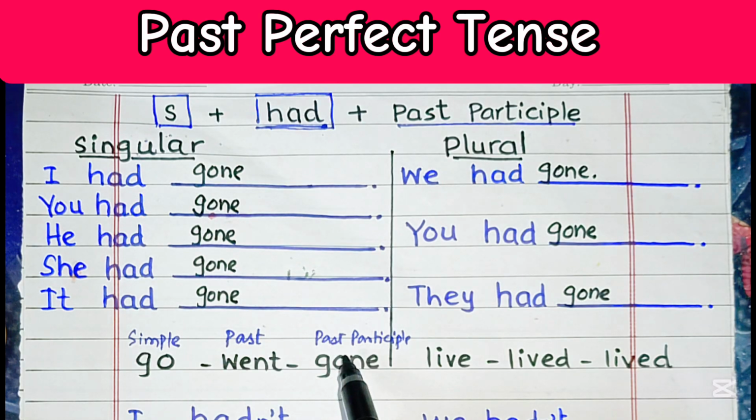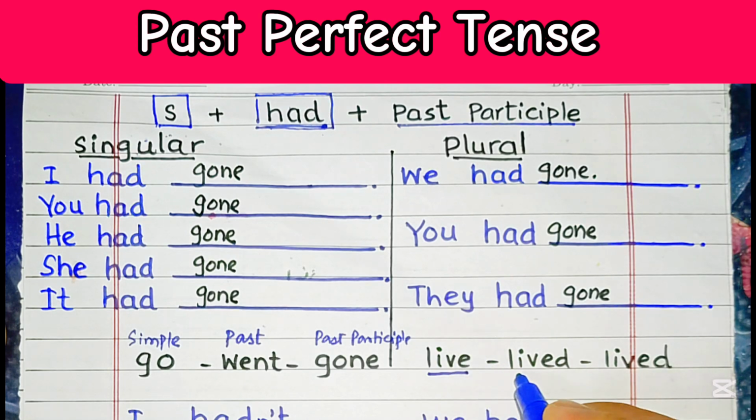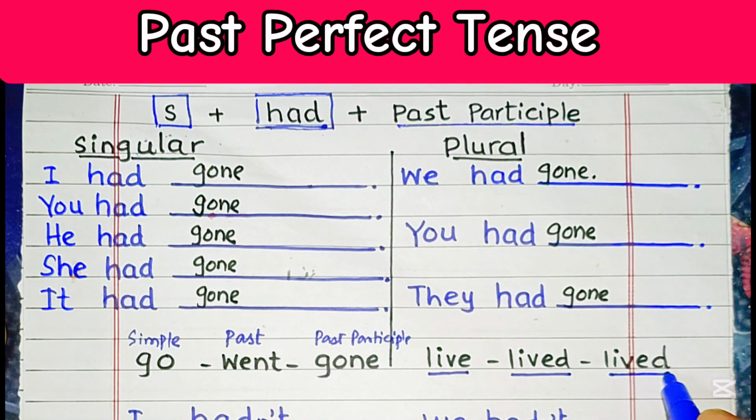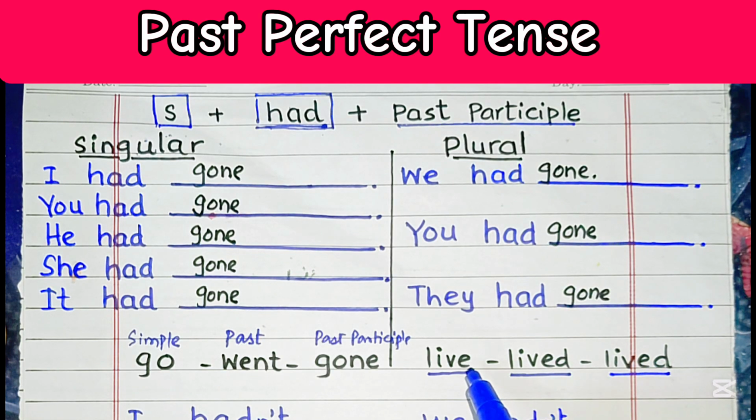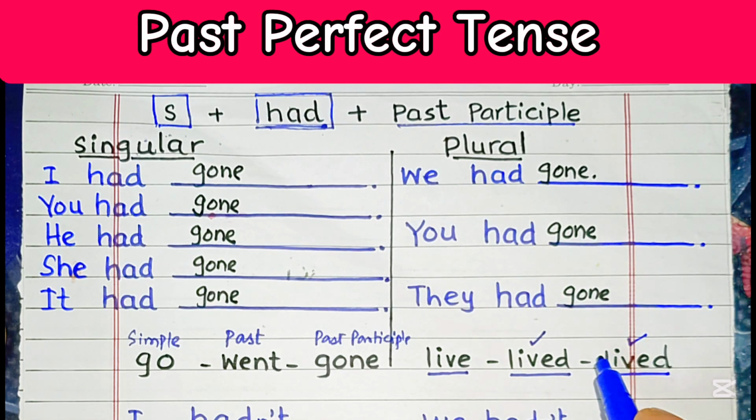Do you know the past participles for irregular verbs? If I say the verb live, this is the simple form, and the past form is lived, and the past participle form is also lived. Remember, with regular verbs, the past tense and the past participle form look the same.